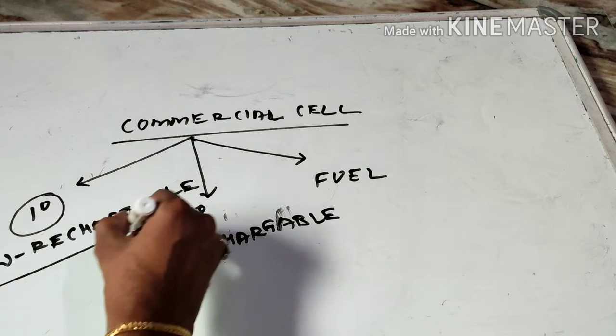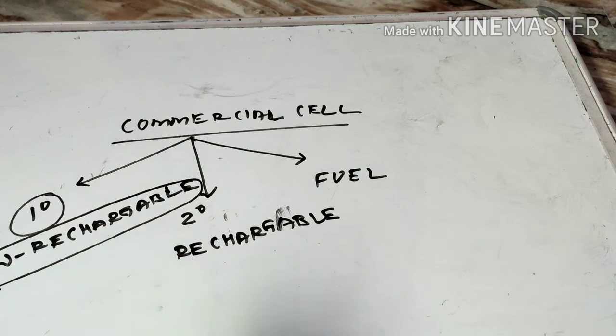What is the meaning of non-rechargeable cell? If I take a cell from which I can produce electricity, but after production of electricity its cell potential value starts to decrease, and I cannot recharge it again, then we can say this is the non-rechargeable cell.